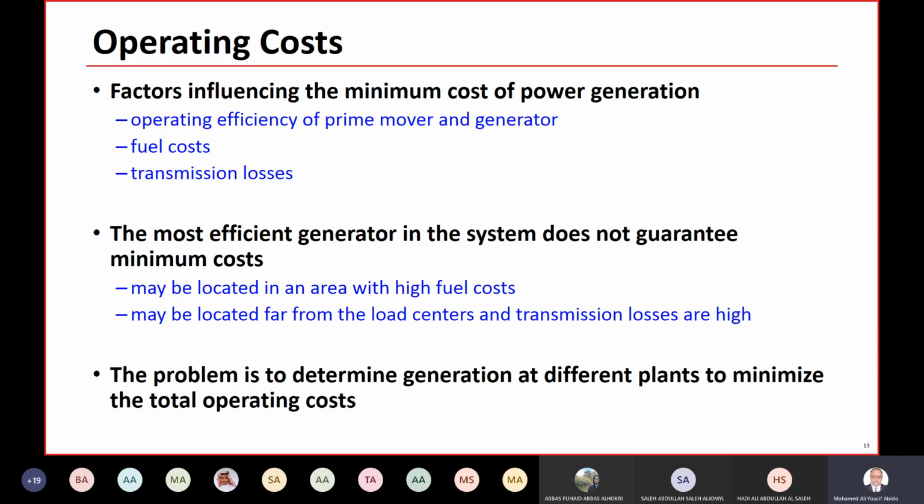If you have overall efficiency equal to 30%, it means you pay for 100 and you get out only 30 megawatt. But if you have better efficiency, 50%, then it means from the same input you can get 50 megawatt. So operating efficiency is very important.